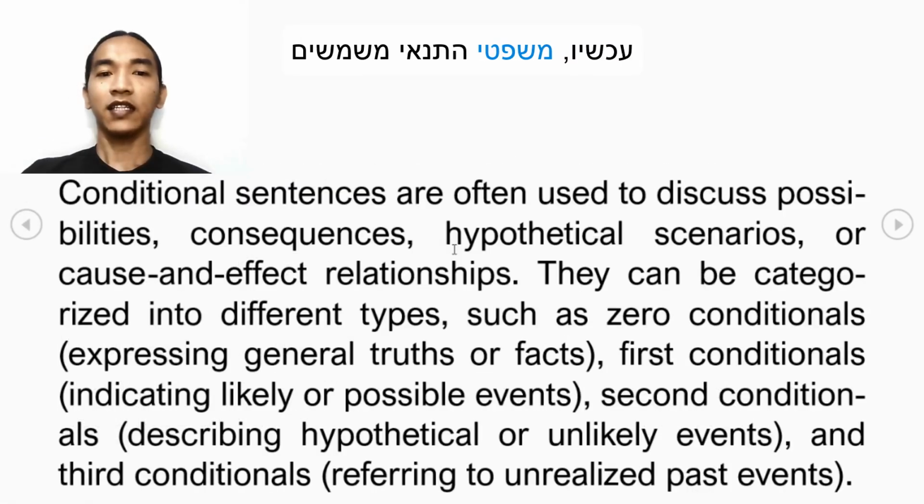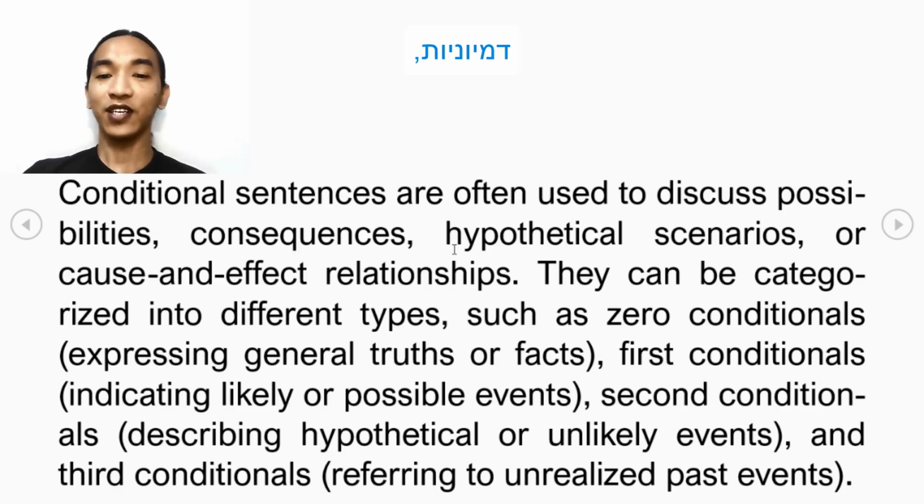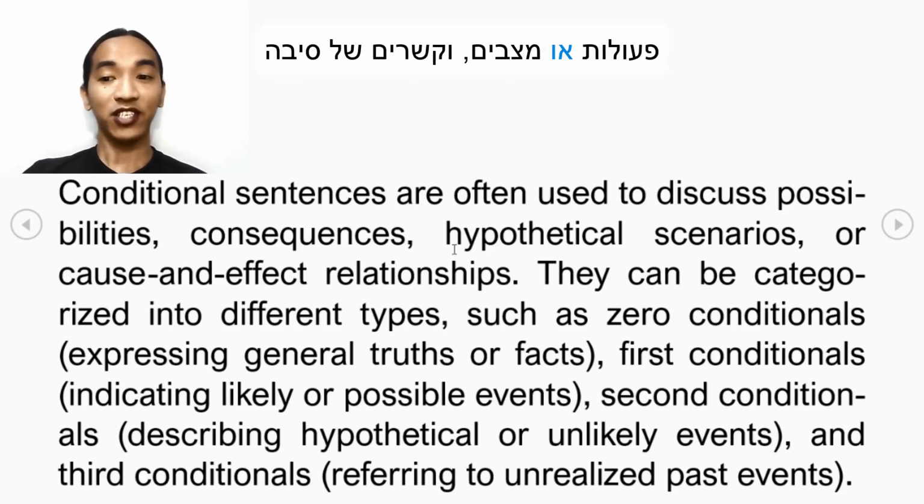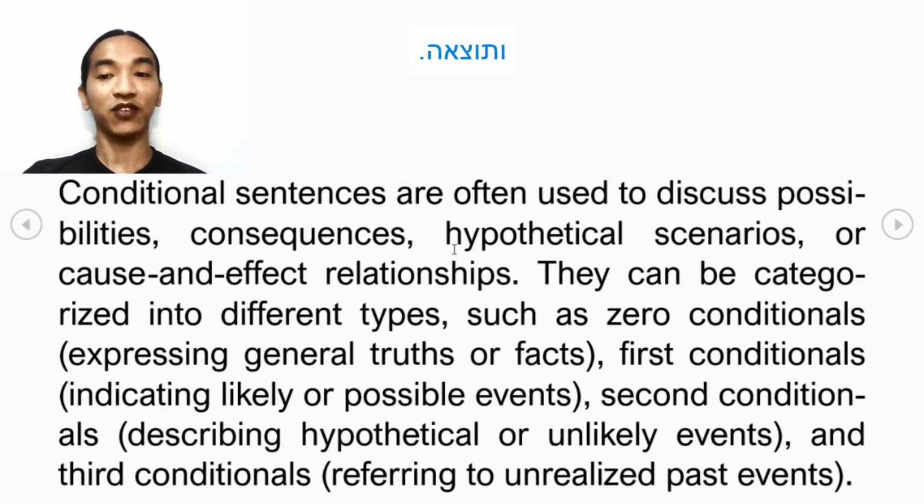Okay? Now, your conditional sentences are used to talk about possibilities, consequences, imaginary actions or situations, and cause and effect relationships. We can actually categorize our conditional sentences into different types.